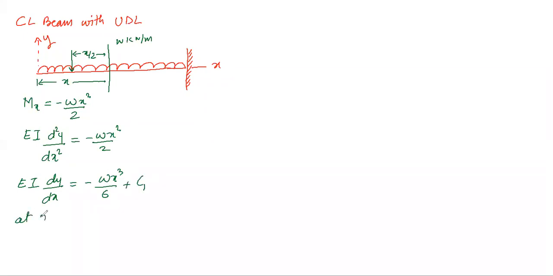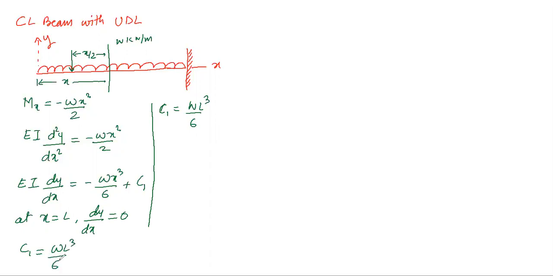So same way, at x equals to L, your dy by dx is equals to 0. अब यहाँ पे dy by dx की value 0, this equation is 0 at x equals to L. So it means what? कि यहाँ पे जो C1 की value है, that is defined as WL cube by 6. So C1 here is to be written as WL cube by 6, right?